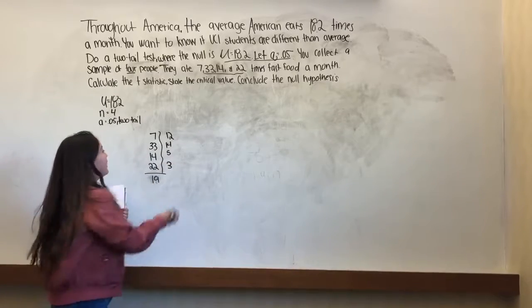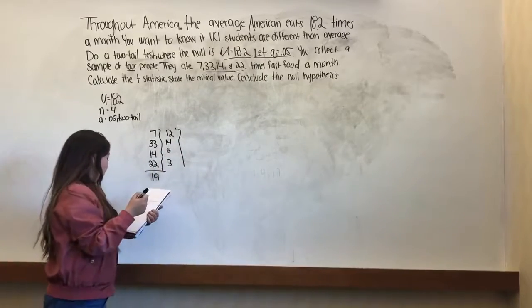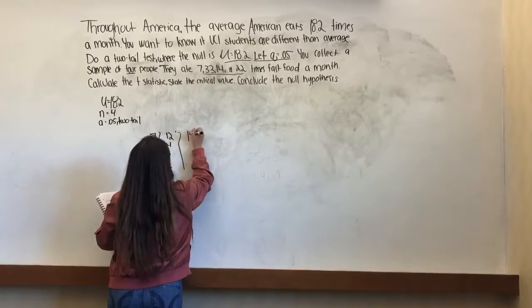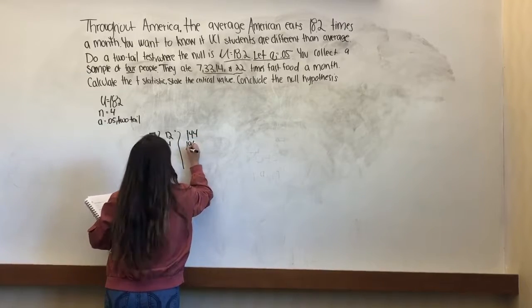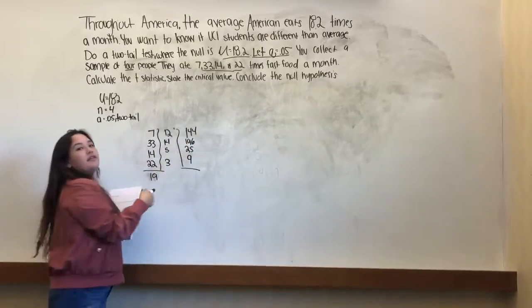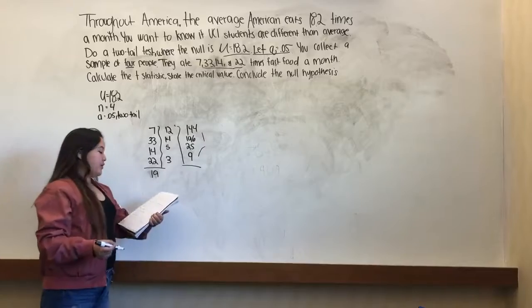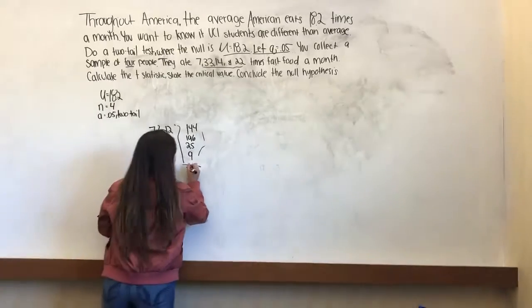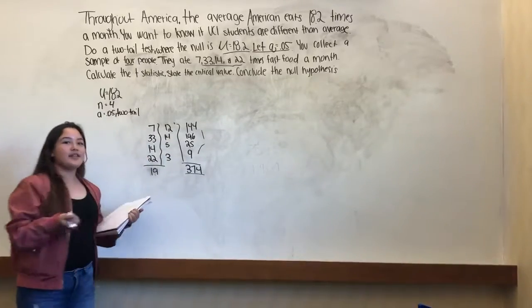The second step is to square each of these numbers. So it would be 144, 196, 25, and 9. After we obtain the numbers, we have to sum these, and this will be the sum of squares. So the total would be 374. And that's how you find the sum of squares.